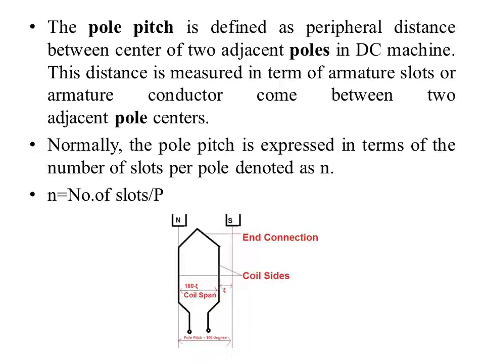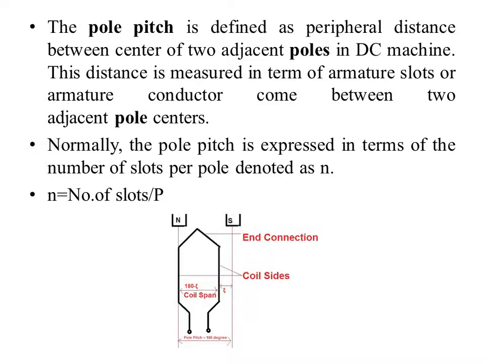So 180 degrees is one pole pitch, or the number of slots under a single pole. If you connect the conductor from the first slot to the last slot under a single pole, it makes a 180-degree phase difference in the EMF. That is called the pole pitch. The coil span is 180 degrees. So this defines the pole pitch.